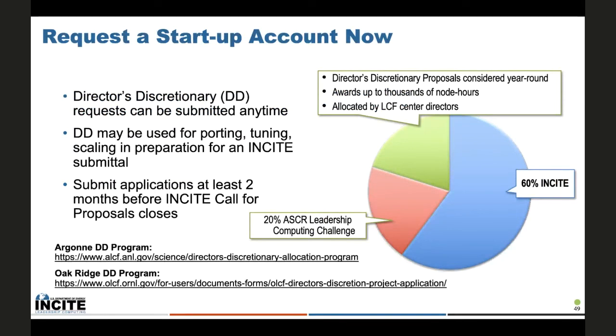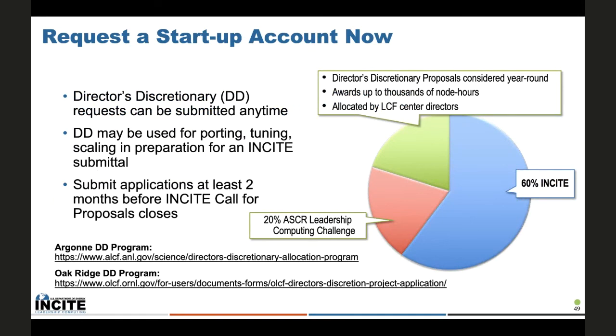We always encourage users to submit a DD request at least 2 months before the INCITE call for proposals closes. So if you would still like to submit to INCITE this year, you most likely should have gotten your data already, or be in the middle or final stages of generating your benchmark data. But if you plan on submitting to INCITE next year, it's a very good time to write a DD proposal. It's very informal, and all the details are in the 2 links for each facility you see at the bottom of this slide.